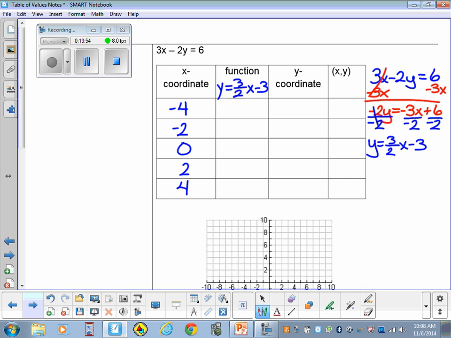Go to my table. Negative 4, negative 9. Negative 2, negative 6. 0, negative 3. 2, 0. And 4, 3.